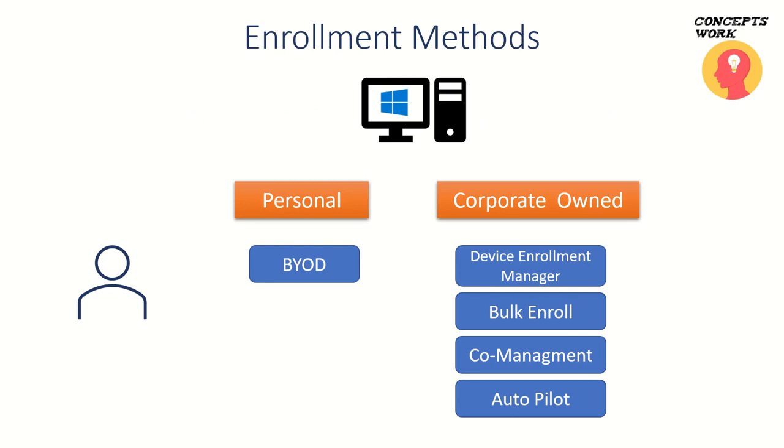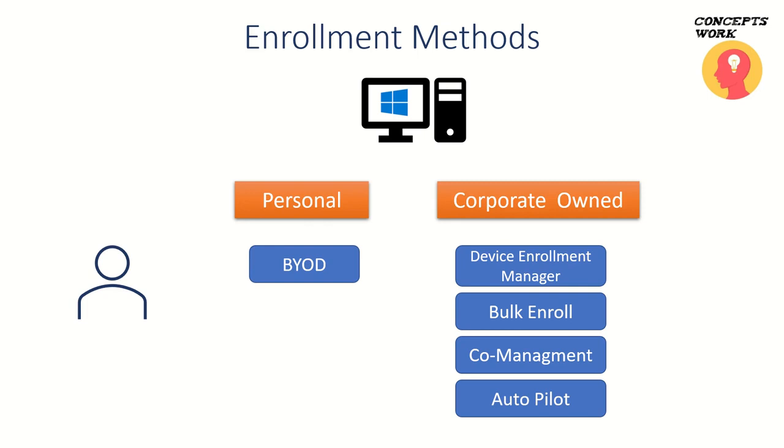In the case of a corporate owned device, you can choose device enrollment manager, an account which can enroll up to 1,000 devices, or you can choose bulk enroll, or co-management, where a device can be managed from SCCM as well as Intune, and the last one is Autopilot. I will cover all these enrollment methods in a dedicated video, but as of now, just remember that for Windows, these are the enrollment methods which are available.